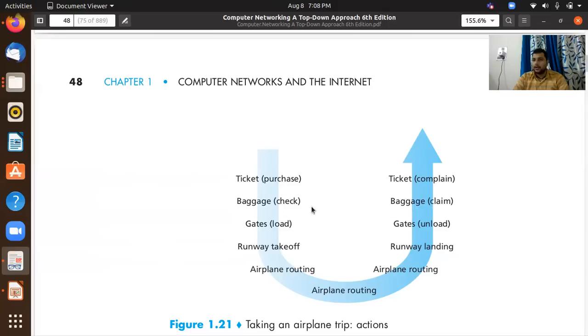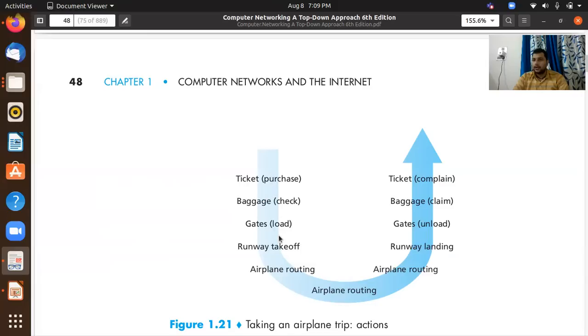Likewise for baggage, gates, runway, landing and takeoff. It is just for understanding purposes, to give you a kind of analogy or feeling of how you can stack the operations and the services. All these services you require at the very front, but here these things have been stacked.